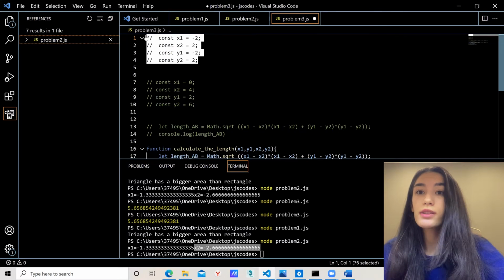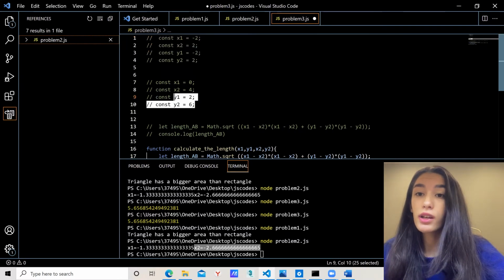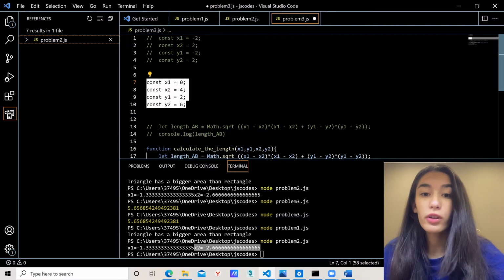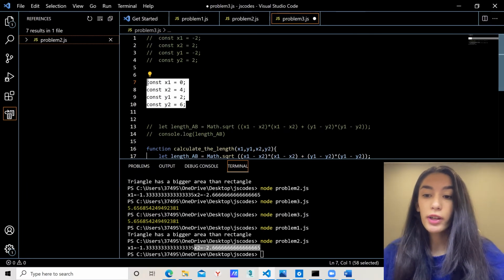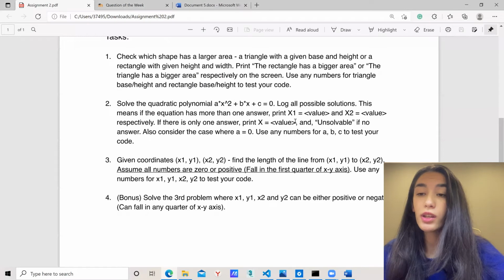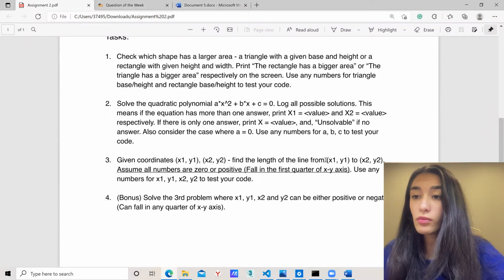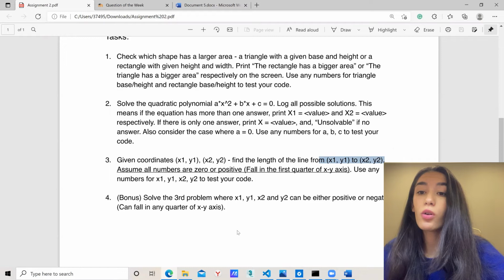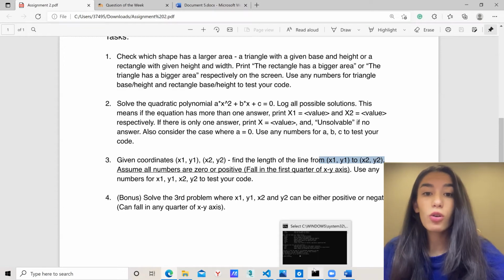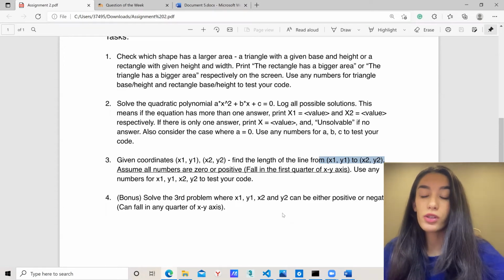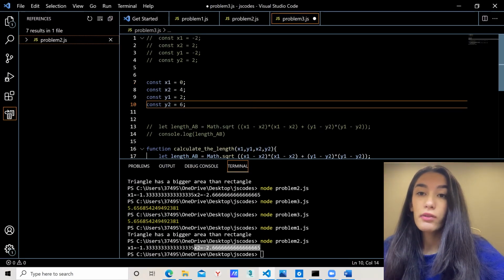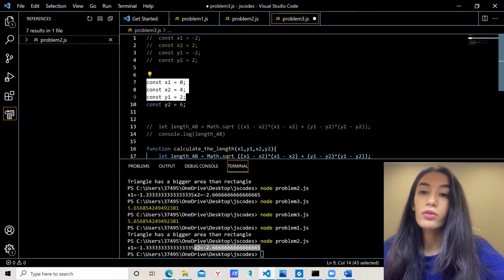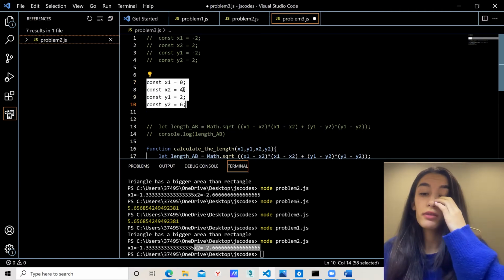Exercise 3 was telling us that we need to calculate the length of a line, and it was giving us the starting point and the ending point, the couples x1, y1, x2, y2, and it was telling us that all the numbers are either 0 or positive, so they fall only on the first quarter of the xy axis.